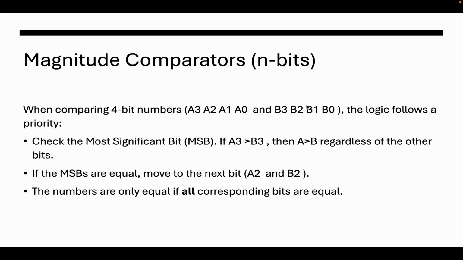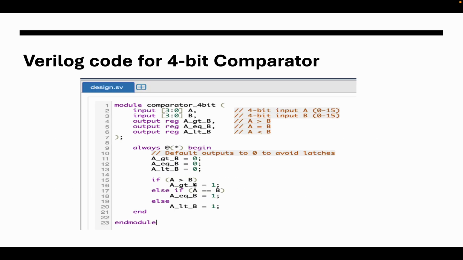Even if that is equal, we compare A1, B1. So if all are equal, we can write it as A is equal to B. This is the logic that is followed. The numbers are only equal if all corresponding bits are equal. It means if all the A3, A2, A1, A0 are 1, 1, 1, 1, and here also it is the same, then we can say it is equal.